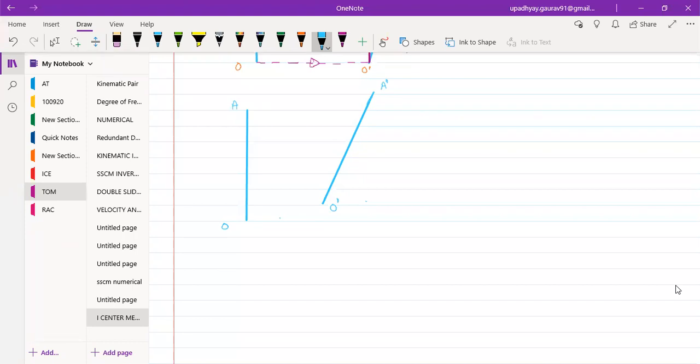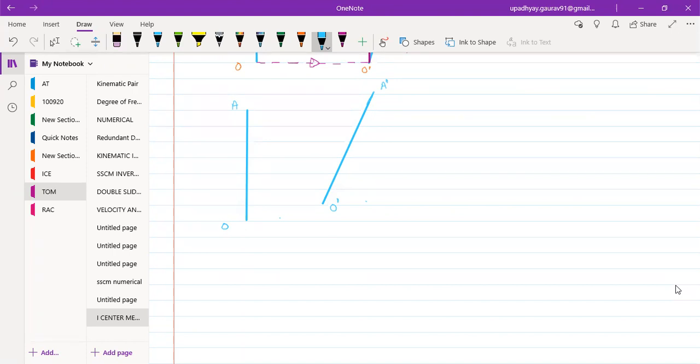So I will broadly ask you a question: we have only two options. Either I have to convert this whole motion into pure translation, or it is very much good to convert the whole motion into pure rotation.